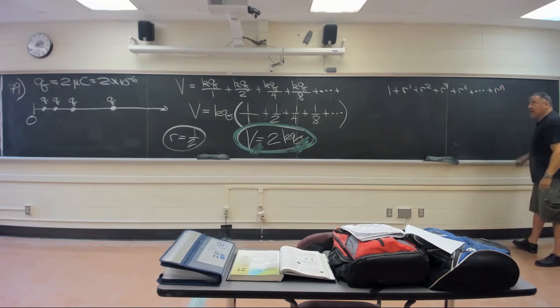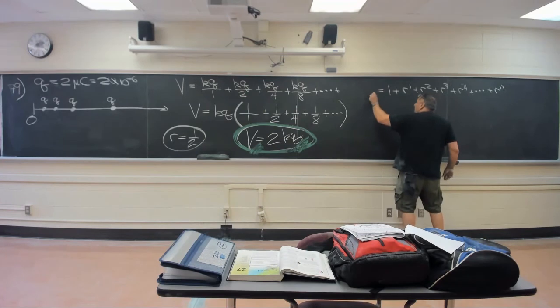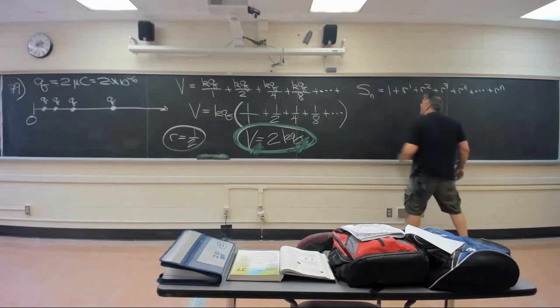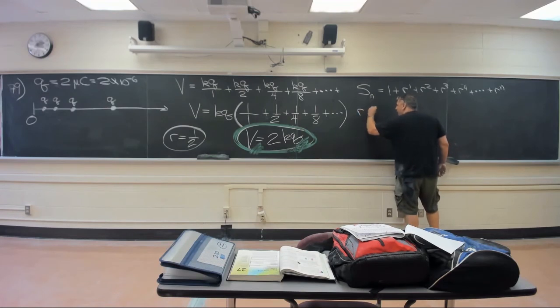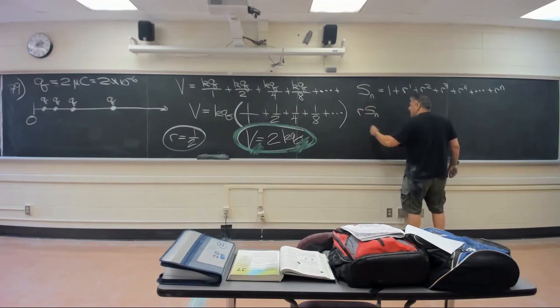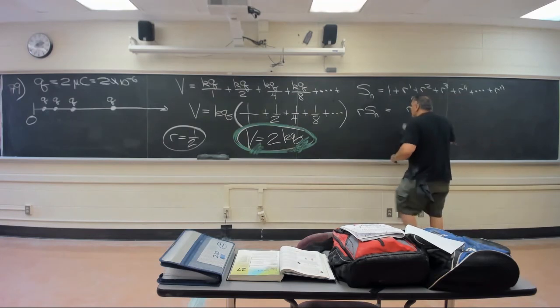Let's say it's not infinity yet, but I'll say that's all of them. Well, that whole thing is the summation of n terms. If you multiply this by r, this is the classic proof, you're multiplying all these by r. Well, what happens? That 1 becomes an r to the 1. There's no more 1 here, right?